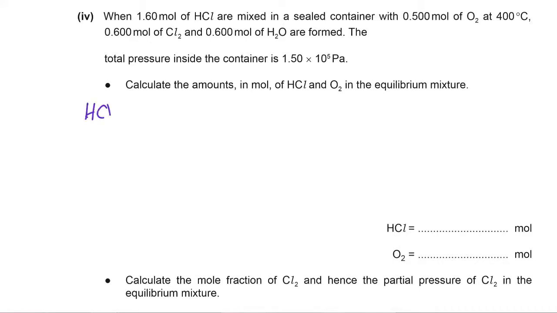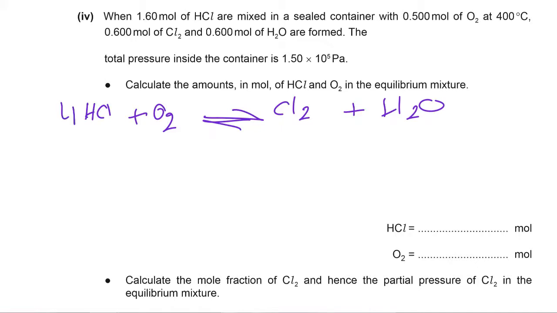HCl plus oxygen gives Cl2 and H2O, with coefficients 4, 1, 2, 2. This is the balanced chemical equation.